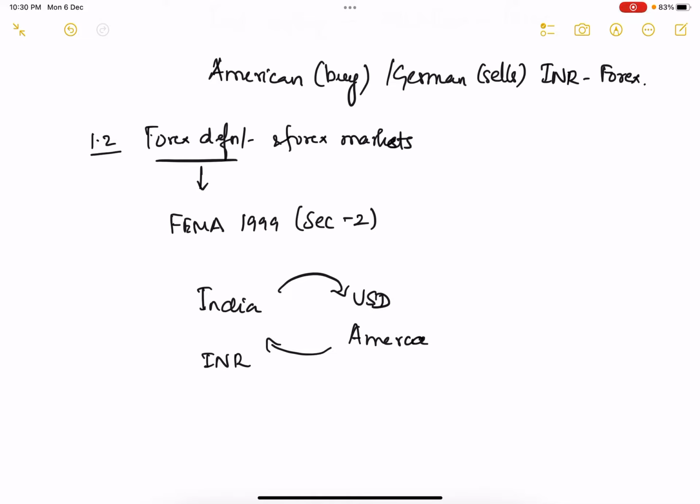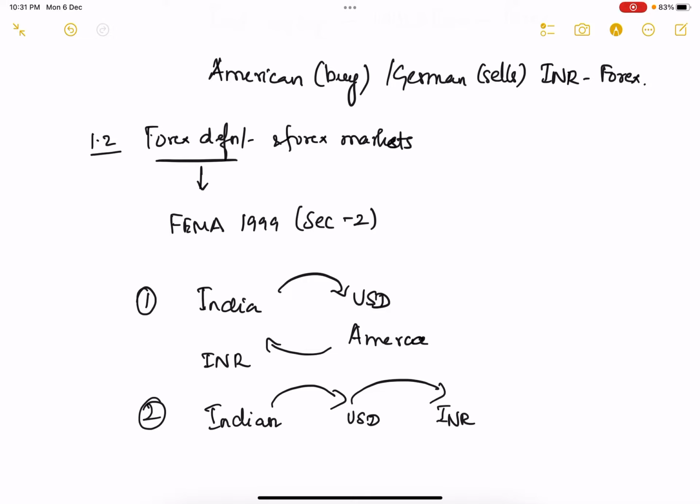As we already saw, as an exporter, I export goods to America, so I will have to convert US dollars into INR. This is the definition given. The second definition is any instrument payable at the option of the drawee or the holder thereof or any other party thereto, either in Indian currency or in foreign currency, or partly in one and partly in the other.